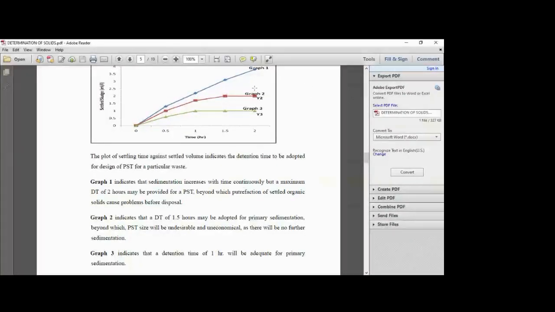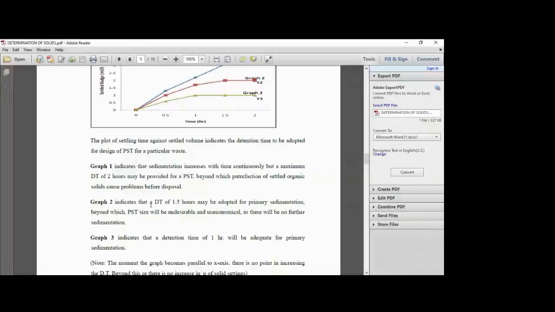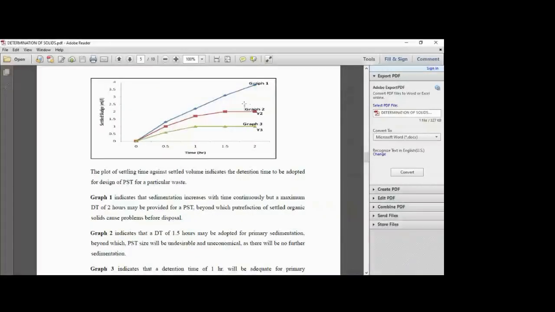Similarly, if you concentrate upon graph 2, graph 2 indicates that a detention time of 1.5 hours may be adopted for primary sedimentation, beyond which PST size will be undesirable and uneconomical, as there will be no further sedimentation. If you observe, after 1.5 hours, the curve is remaining the same, right?